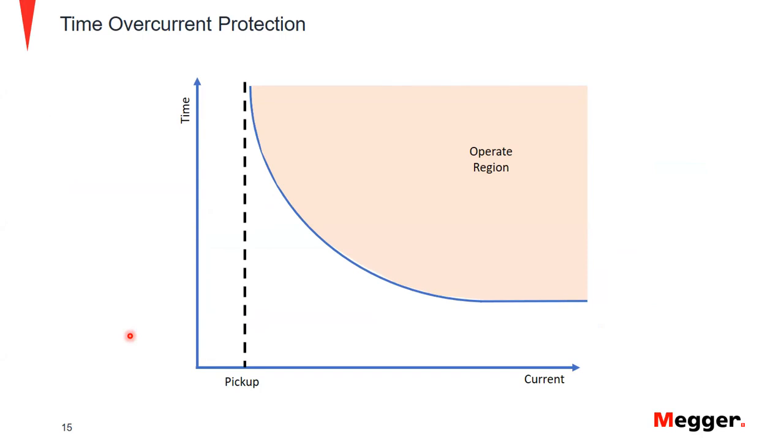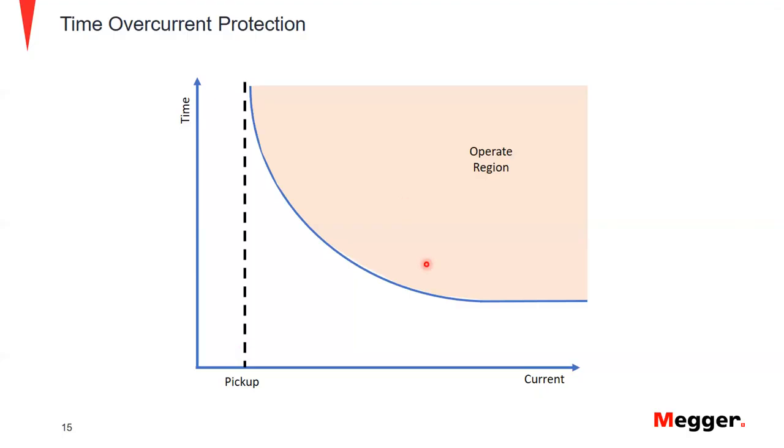On this, with the inverse time region, I'm going to show you a little bit. You would have the time over current reference, and we would have some pickup value. We also have this operate region.